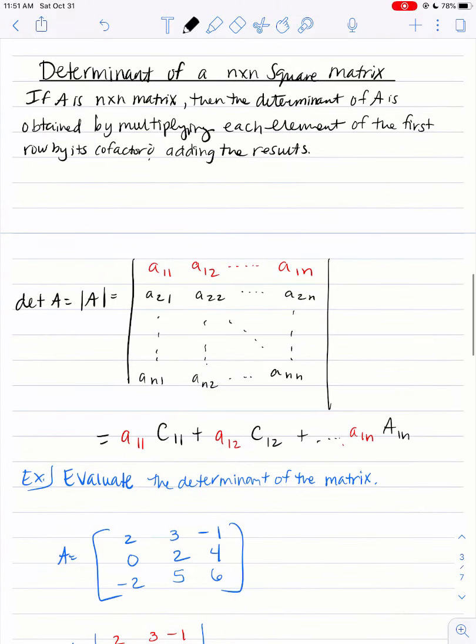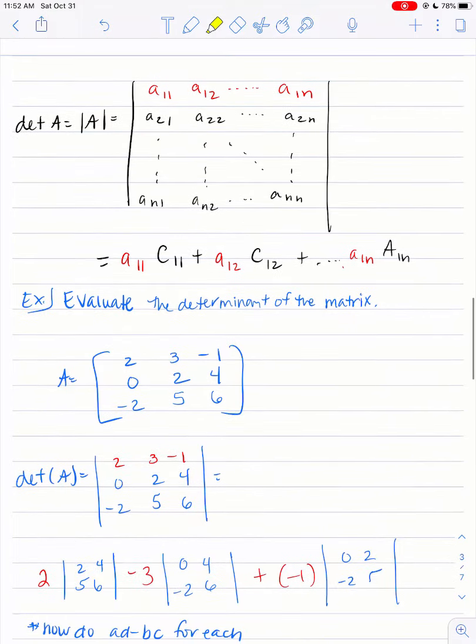Okay, so this is going to help us find the determinant of an n by n square matrix. So if A is an n by n matrix, then the determinant of A is obtained by multiplying each element of the first row by its cofactor and adding the results. Okay, so let's go ahead and see what that looks like played out. So this is like a picture of it.